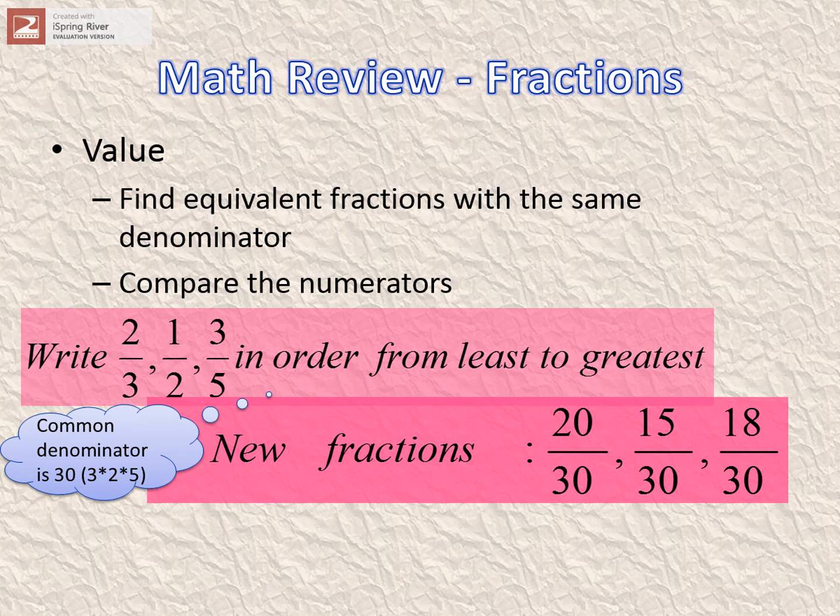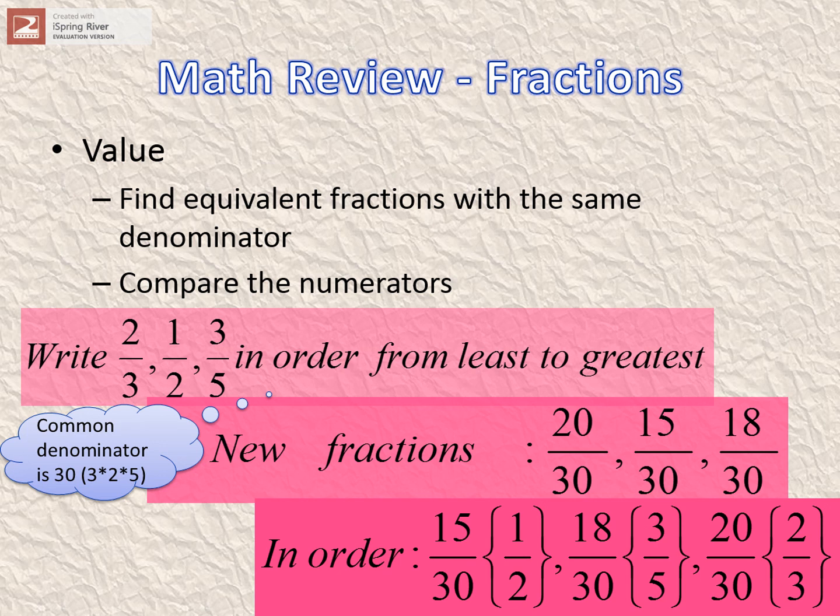1 times 15 is 15. Our new fraction is 15 over 30. To get 3/5 to 30, 5 times 6 is 30. 3 times 6 is 18. Our new fraction is 18/30. Now we're going to compare our numerators. The 15 is the smallest, so it's going to go first because we're going from least to greatest.